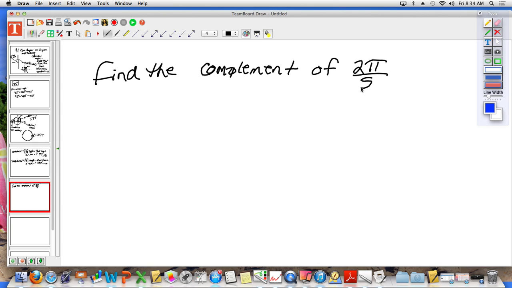First of all, you need to understand the word complement. We said complement means two angles that add up to 90 degrees. If I'm giving this to you in terms of radians, that might be a little bit confusing, so you may want to change it to a degree first.